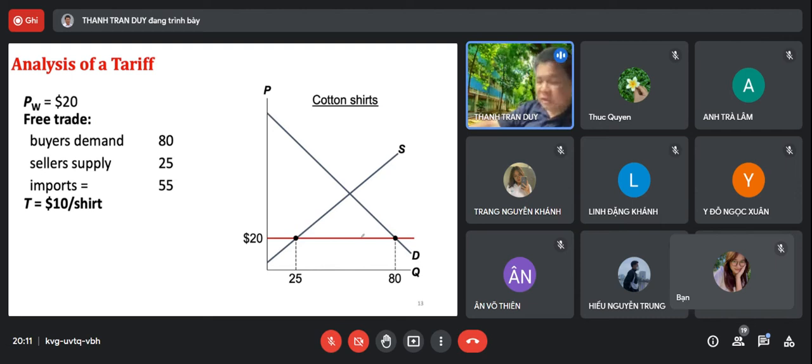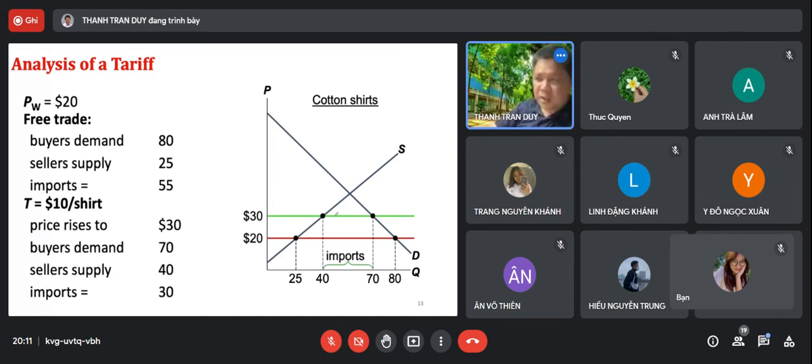It doesn't affect local production. So it shifts the whole imported item supply curve up by $10, and it cuts the demand and supply curves. So if the government imposes an import tax, total consumption is reduced from 80 to 70, and local producers can sell more, from 25 up to 40.